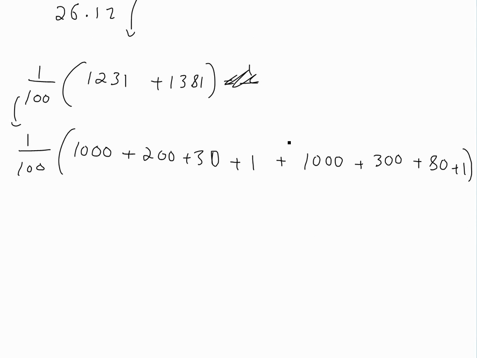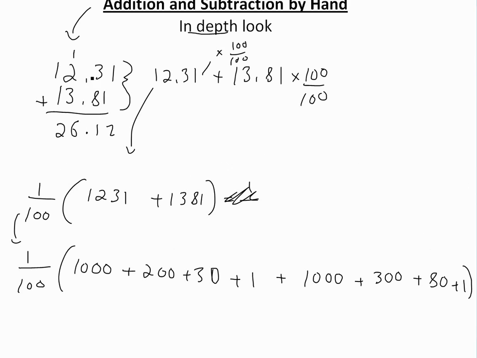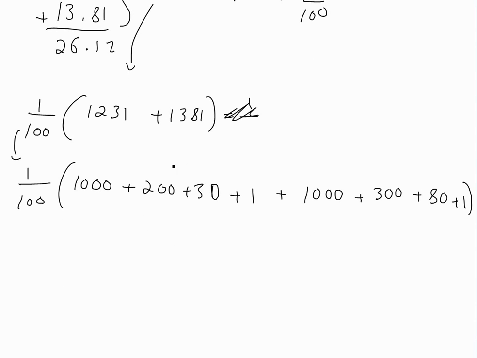What we're doing here is adding the thousands, the 300s, and so on. So now you see a better idea of how we get that.